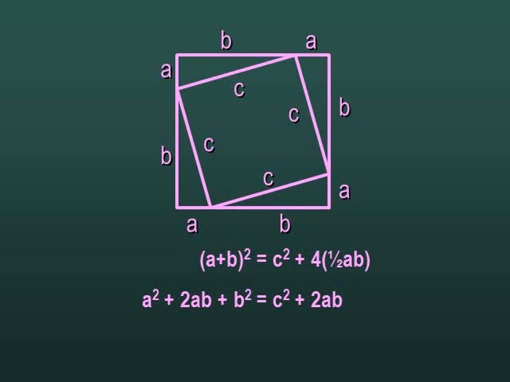Hopefully you can follow that. And then c squared will just stay c squared. And then if I simplify, 4 times 1/2 is like 4 divided by 2, which is 2. So I have 2ab. I'm going to subtract 2ab from both sides. And what does that leave me with? The Pythagorean theorem. So just another way of proving that it is true.